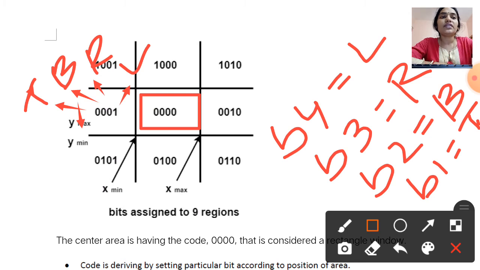If bit 3 is set to 1 and the rest are 0, then it lies on the right of the window. If B2 is set to 1, then it is the bottom of the window. If B1 is set to 1, then it is the top of the window. In this way it will be assigned. Okay, I hope all of you clearly understand.